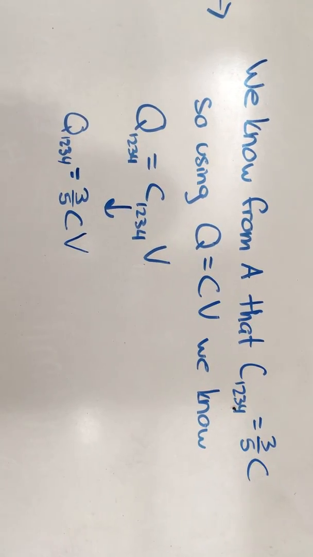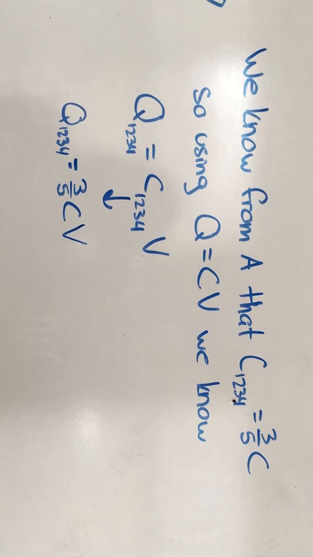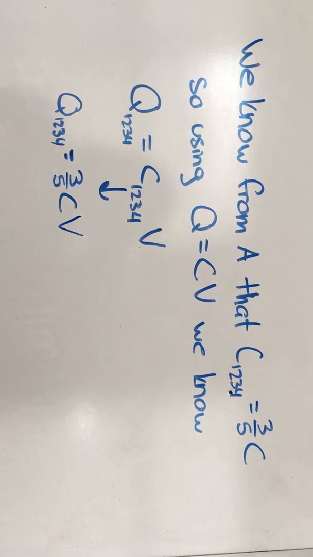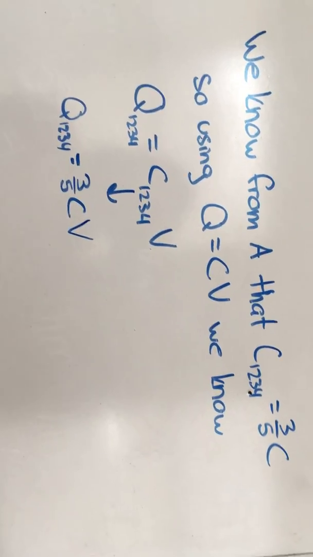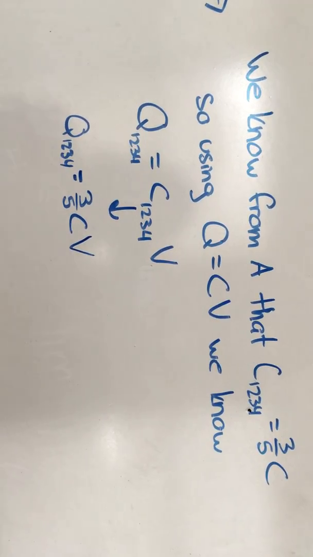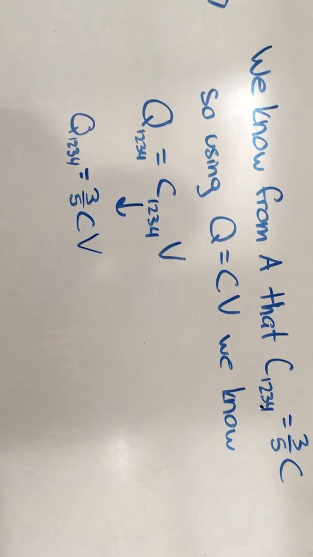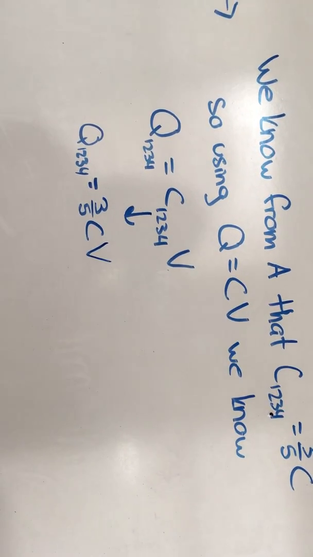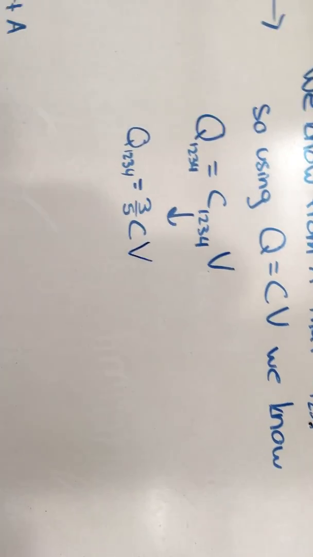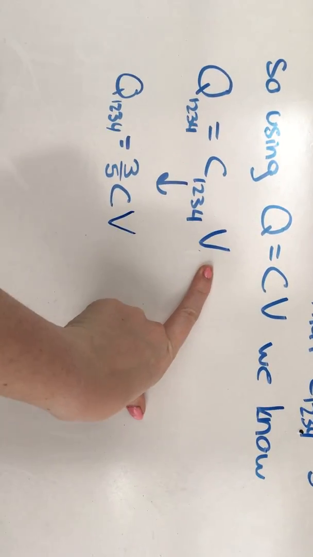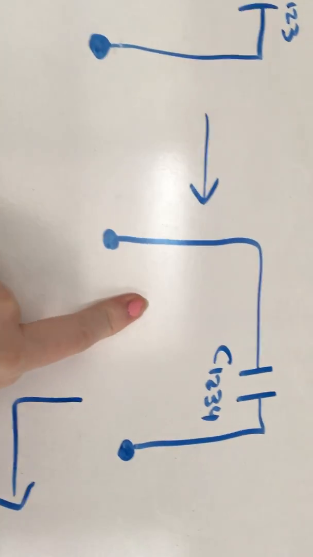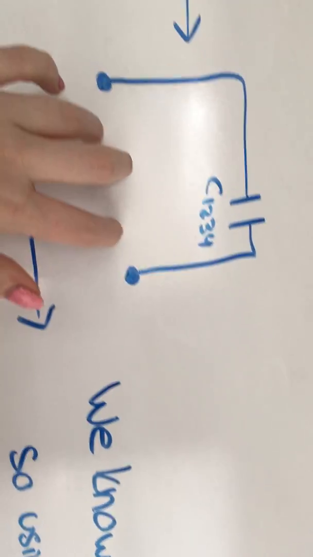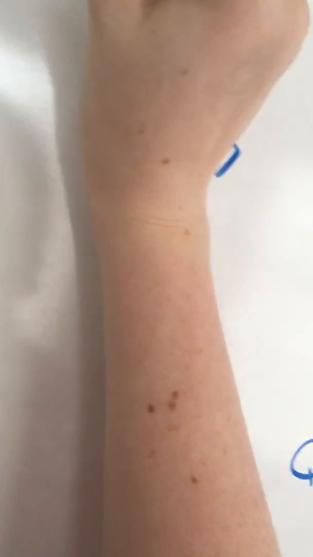So we know from part A that C1234 is 3/5 of whatever that capacitance is. So using the formula Q equals CV, we know that Q1234 is equal to C1234V. Now the reason why this V doesn't have any subscripts is because with this capacitor right here, we're gonna have that voltage, like the voltage that is right here.